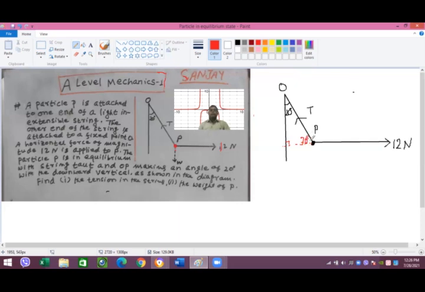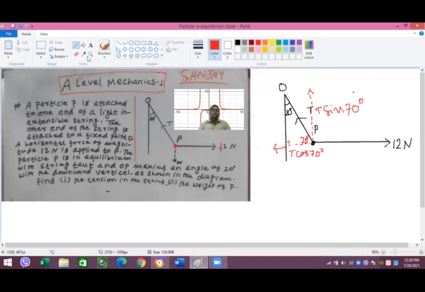So if you consider the horizontal component of the force T along this direction, then the horizontal component for the force T will be T cos 70 degrees, and its vertical component at this point you can go up like this. Okay, so vertical component is sine of this angle 70 degree.